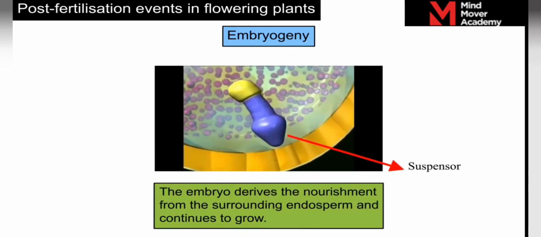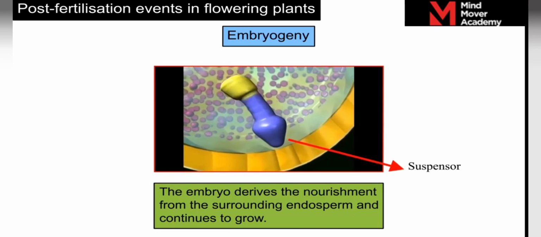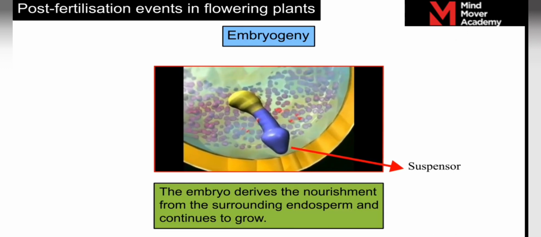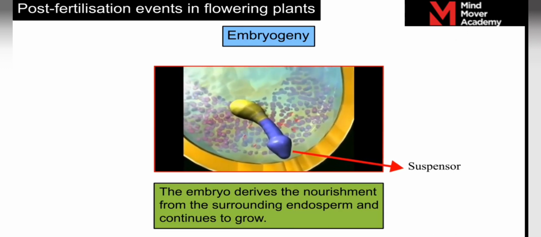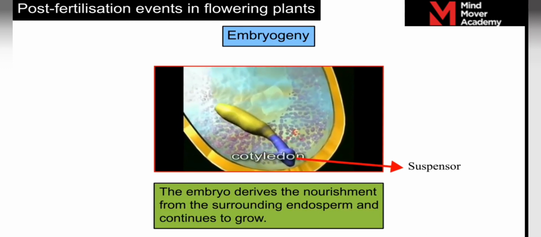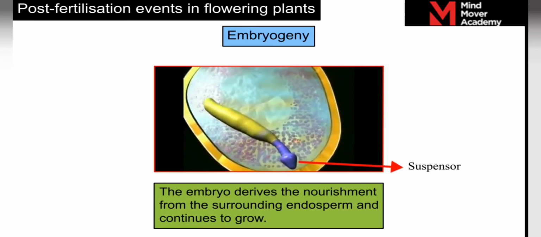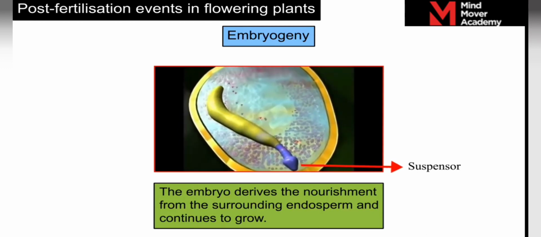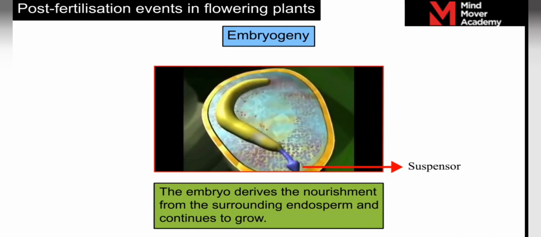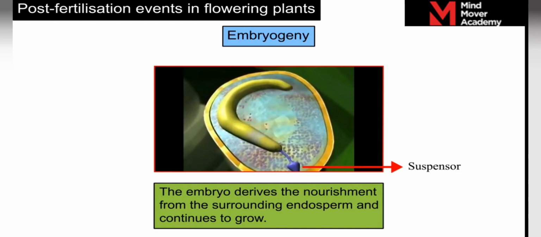The embryo derives nourishment from the surrounding endosperm and continues to grow. It then differentiates to become a plumule, the young shoot, a radicle, the young root, and either 1. monocots or 2. dicots, cotyledons, which are the seed leaves. It is attached to the wall of the embryo sac by a suspensor.